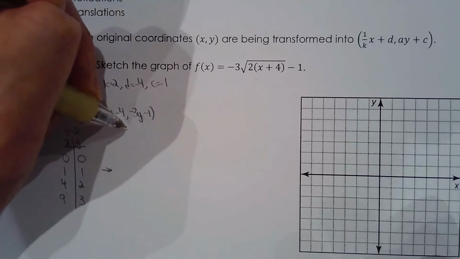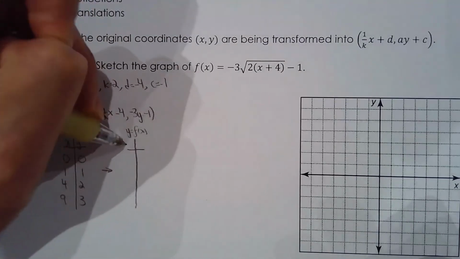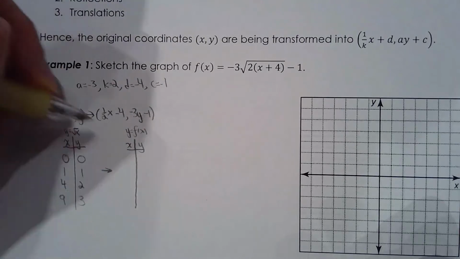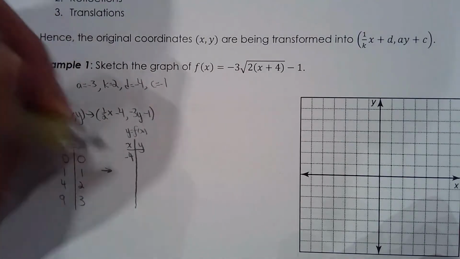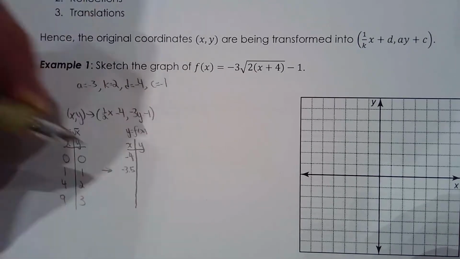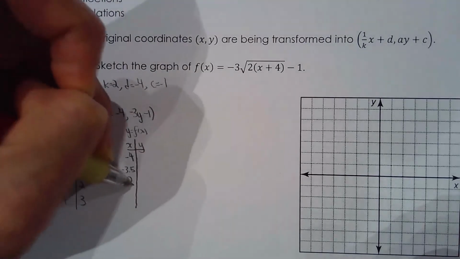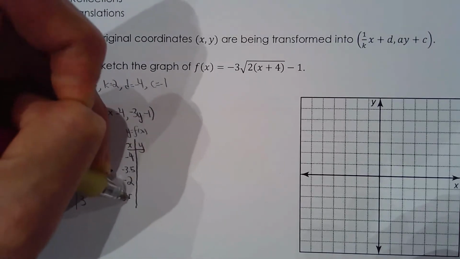Okay, so this is f of x. Alright, half x minus 4, so that's -4. Half minus 4 is going to be -3.5. 2 minus -2. That's going to be 4.5 minus 4, that's half.